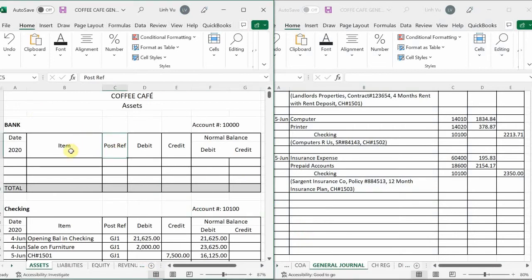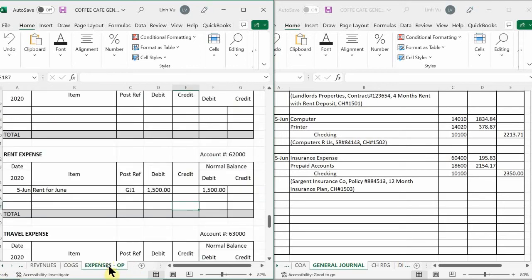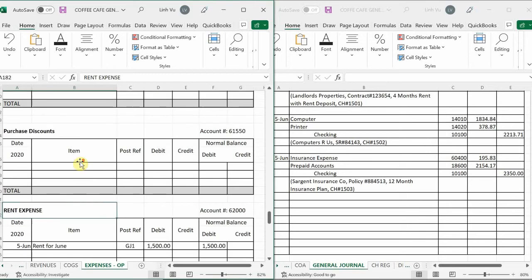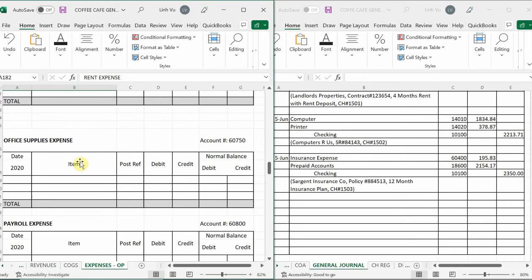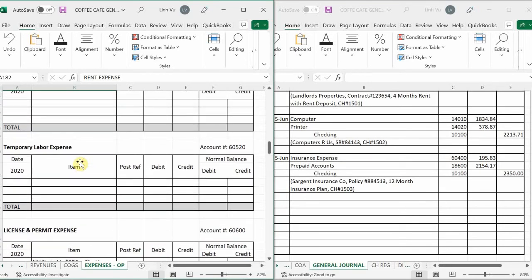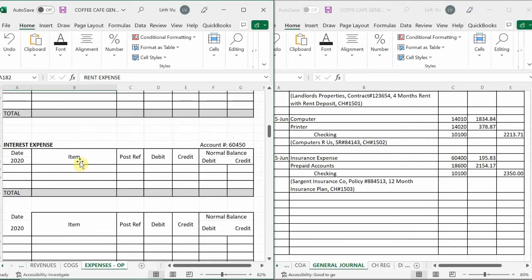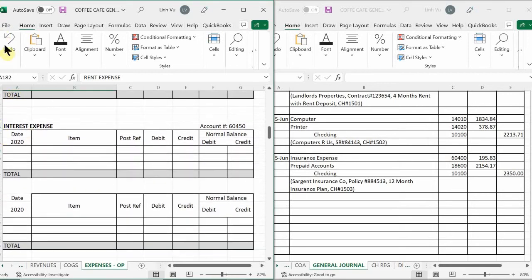First thing I have here is insurance expense. It's supposed to be this one right here.